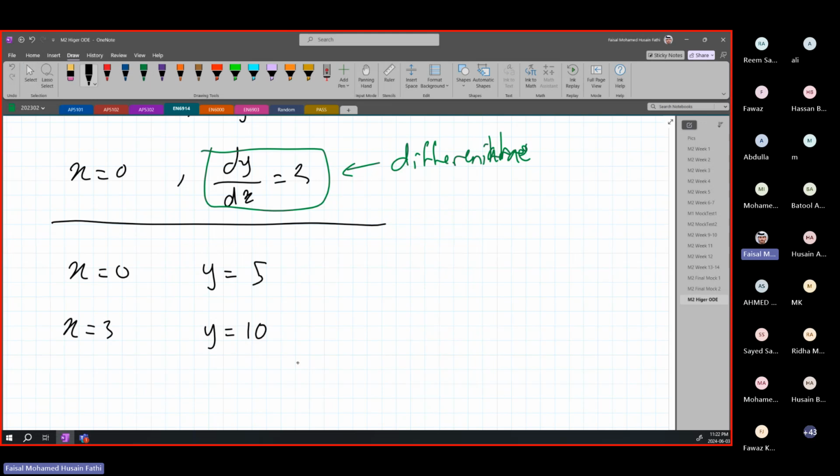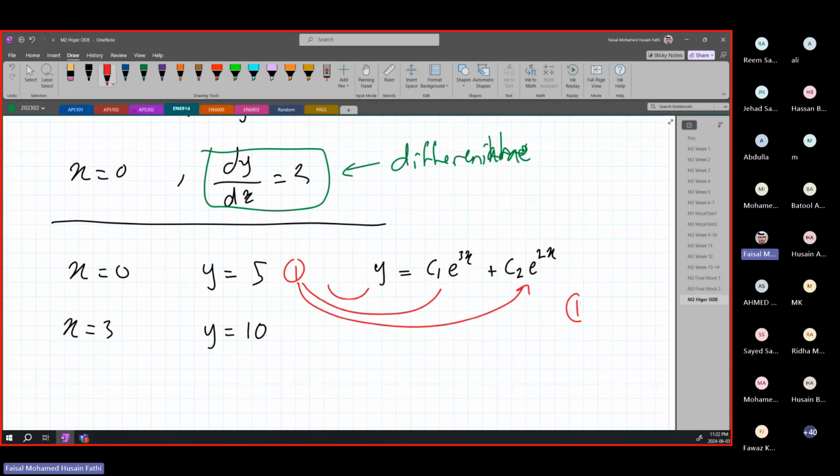You can just use your general solution to find these two values. So the first time you're going to plug in for y, for example, let's say c1 e power 3x plus c2 e power 2x. And then you're going to be plugging your first values in for y and for x, and you're going to get your equation 1 for c1 and c2.